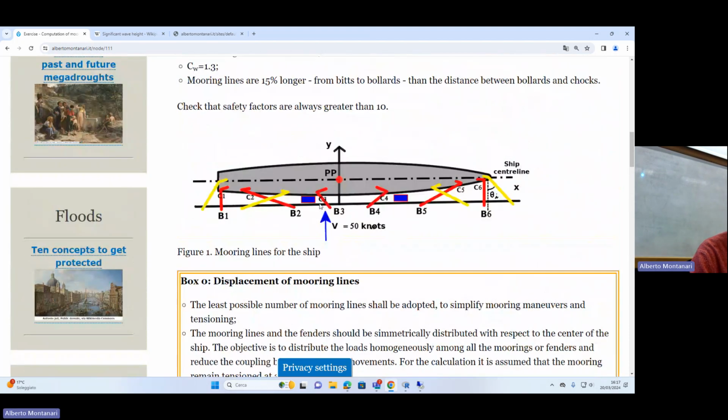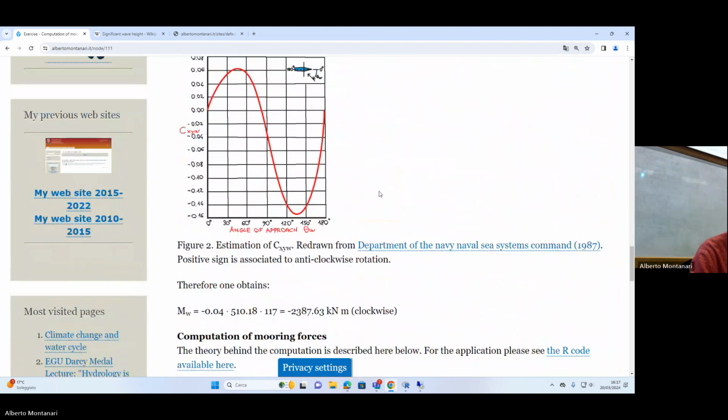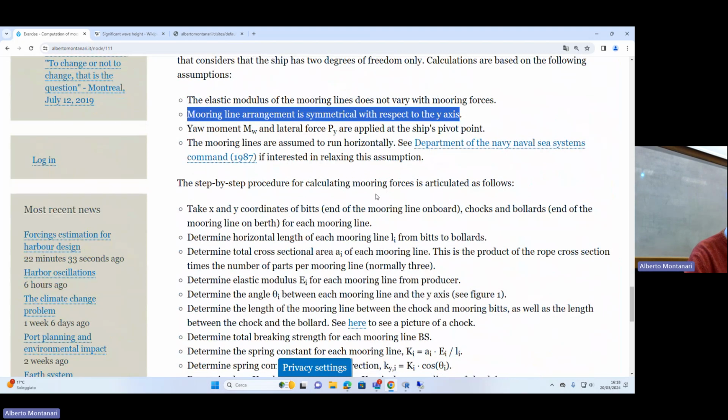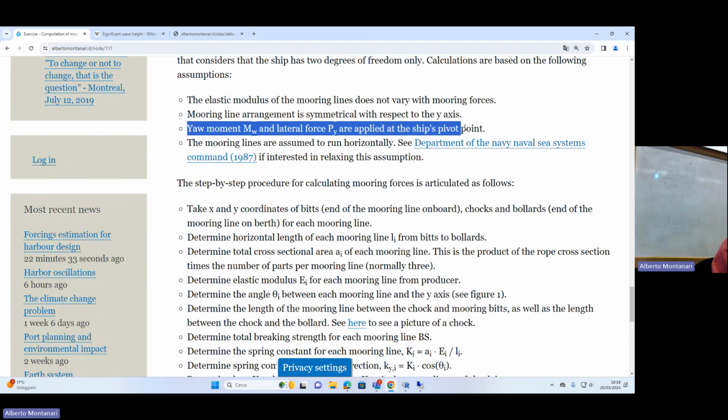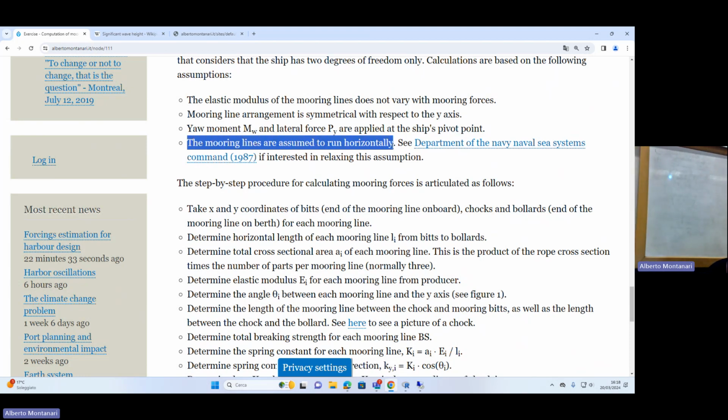You see, it's symmetrical with respect to the y-axis. Okay. The y-axis is the transversal axis. Yaw moment MW and lateral force PY are applied at the ship's pivot point. The mooring lines are assumed to run horizontally. If you want to relax this assumption, there is a link here.